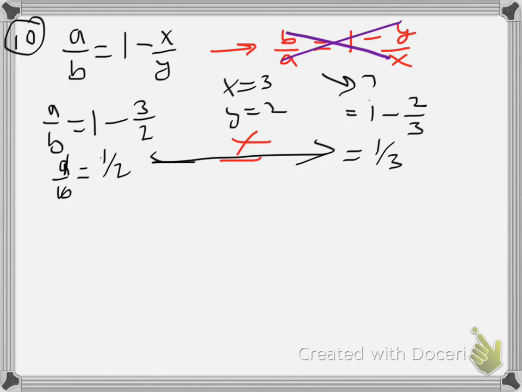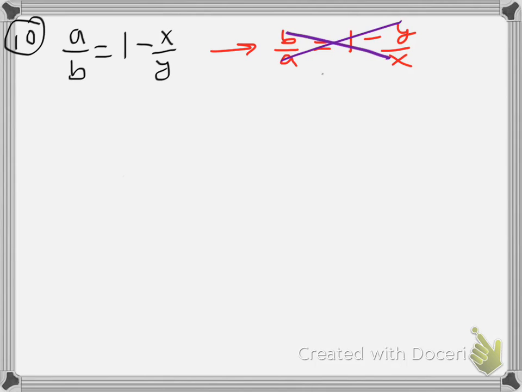So let me erase some of this here. I erased all that out, and let's see what to do. I'd like to find a common denominator, and I'm going to write a fancy one. A over b equals y over y minus x over y.